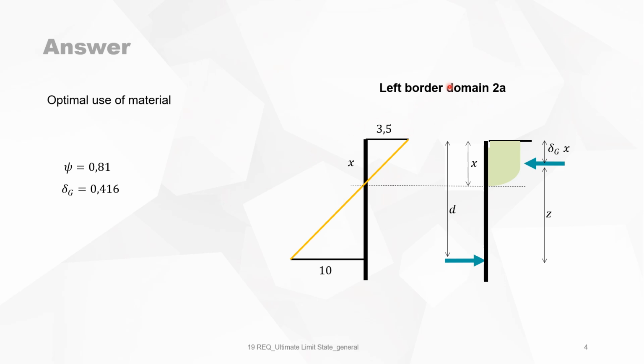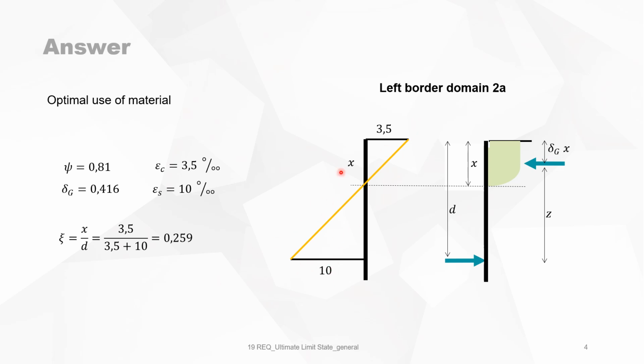We know, because we are in domain 2A, that the rectangle and parabola stresses are fully developed, so the filling factor C is 0.81 and delta G is 0.416. The maximum strain in the concrete is 3.5 per mil, and in the steel 10 per mil.